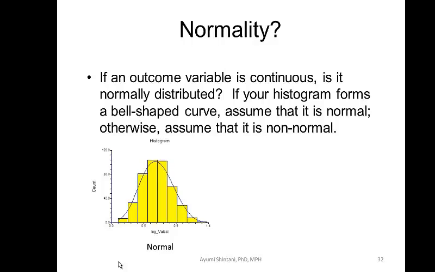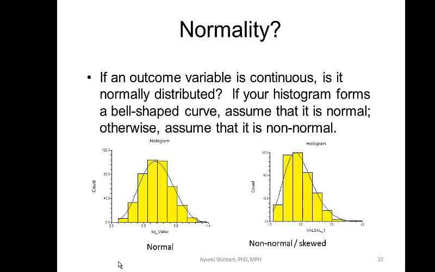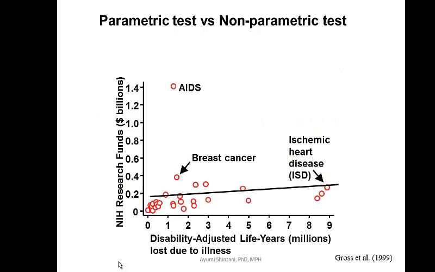So this is data normally distributed, and this is data skewed. In order to know the t-test is valid, you need to check the distribution of your outcome variable within each group and see that they are normally distributed. Otherwise, if you have skewed data, you want to use a non-parametric method. Non-parametric means distribution-free method.